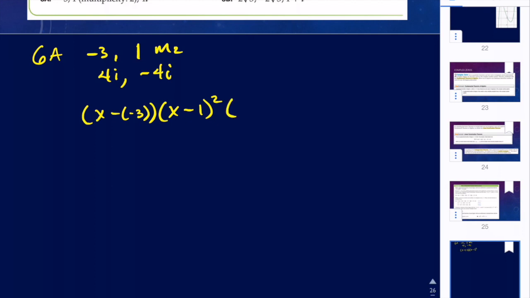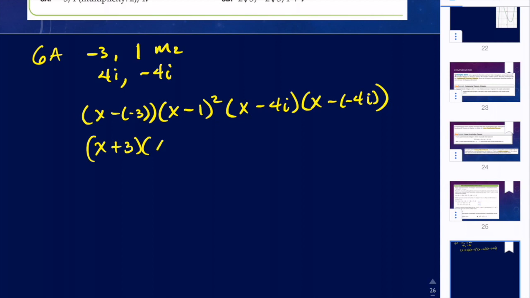And then we have x minus 4i times x minus -4i. We can do that, and then let's just go ahead and straighten it out, get rid of all those negatives, and so we got x plus 3 times x minus 1 squared times x minus 4i times x plus 4i.